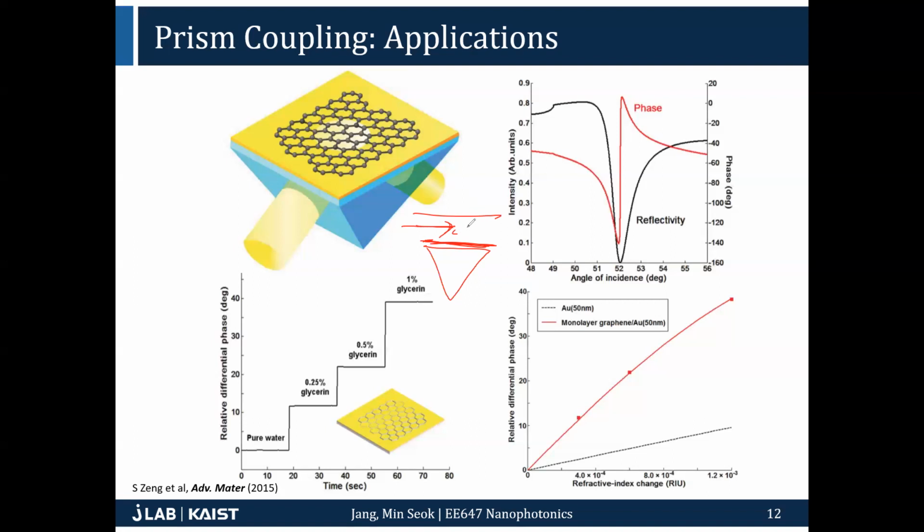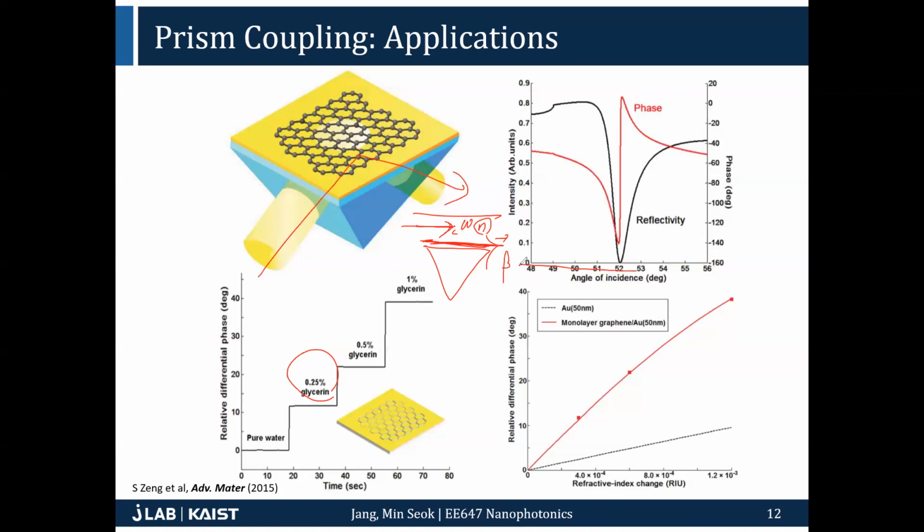If this is pure water, and it has a very small amount of glycerin, then as you increase the amount of glycerin inside the water, its index changes by a very small amount, right? And that affects the propagation constant of plasmons, and also that affects the coupling condition.